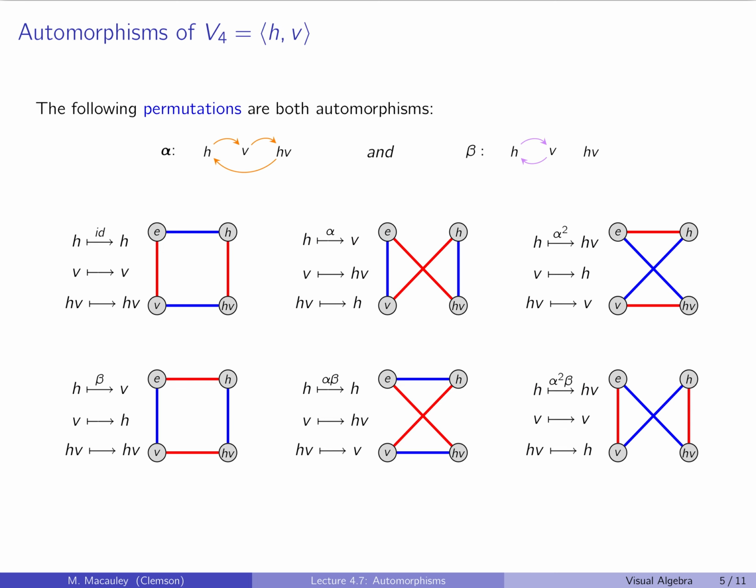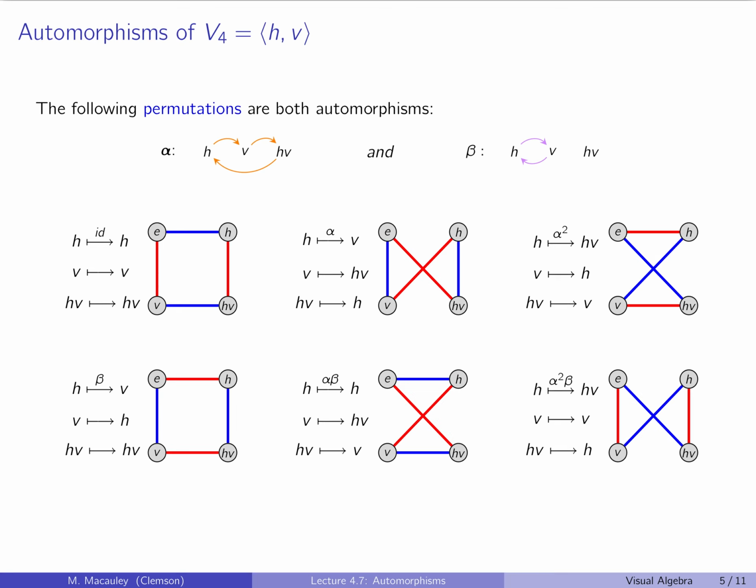I said earlier that every permutation of the non-identity elements of V₄ defines an automorphism. These permutations are generated by a 3 cycle that I will call alpha and a 2 cycle that I'll call beta. So let's think about what this looks like in terms of rewirings. Let's start with our home Cayley graph with E in the upper left-hand corner, H being the blue path and V being the red path.